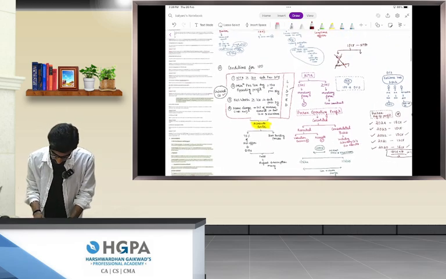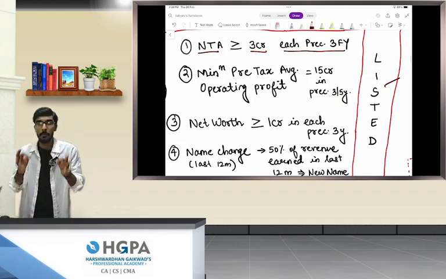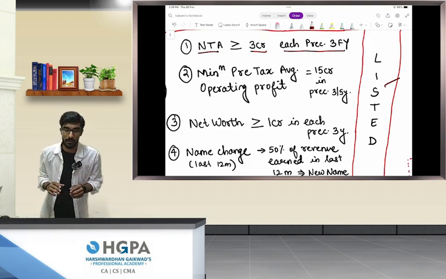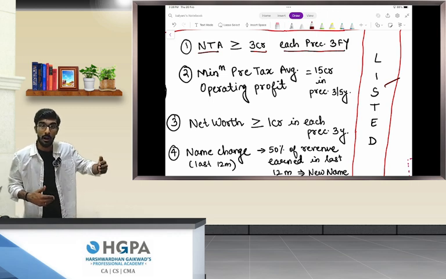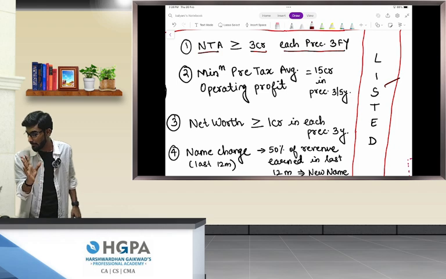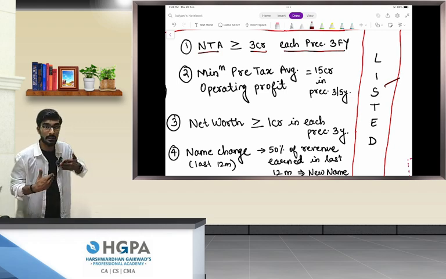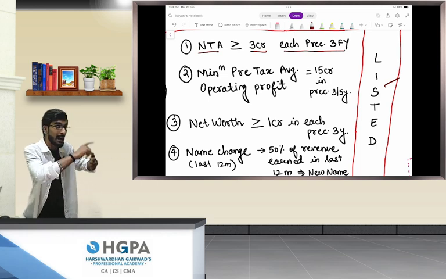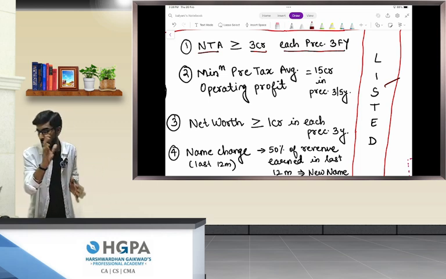So the minimum pre-tax average operating profit in the last 3 out of 5 financial years should be at least 15 CR.